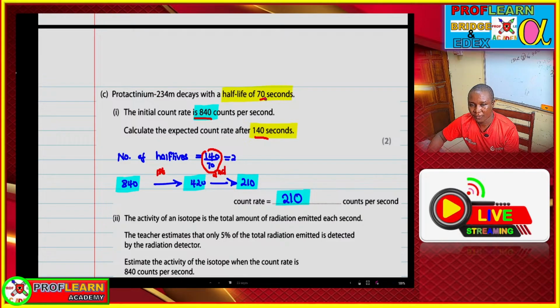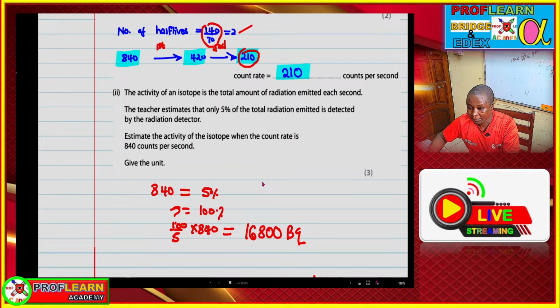Since the half-life is 70, 140 divided by 70 gives us two half-lives, so this radioactive substance is going to decay twice. After the first decay it becomes 420, and half of this becomes 210. So the count rate after that period is 210.